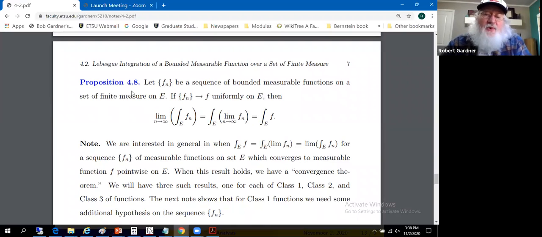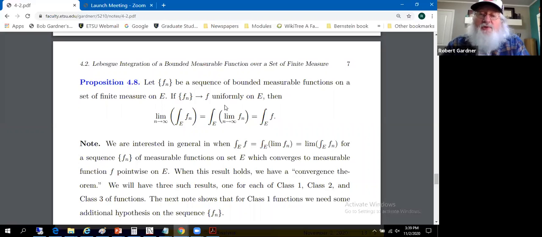But as a first step in that direction in the Lebesgue setting, let f sub n be a sequence of bounded measurable functions on a set of finite measure, E. So f sub n is a sequence of class 1 functions.